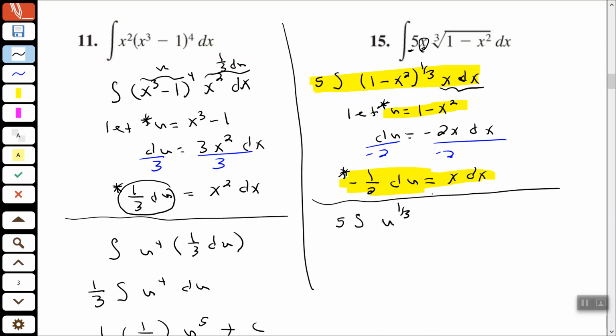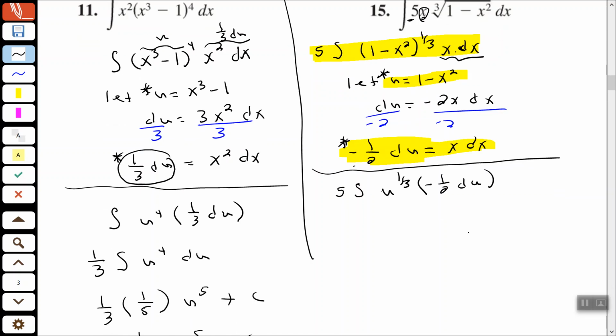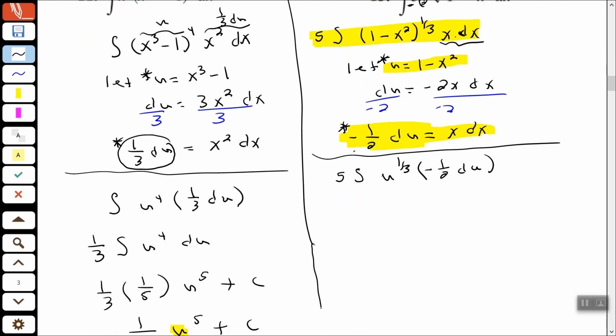And then we are replacing x dx with negative 1/2 of du. Okay, so same thing as last time. We want to pull the other constant multiple out in front. So we have negative 1/2 times 5, or 5 times negative 1/2 now, times the integral of u to the 1/3 du.